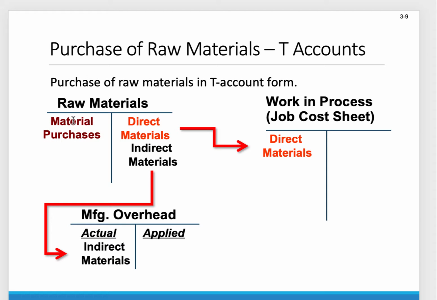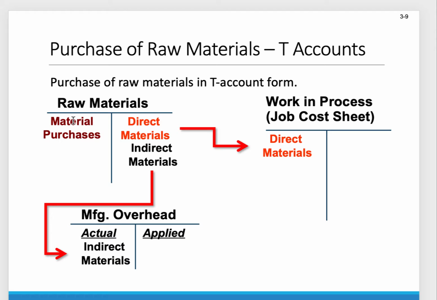Then something happens. What happens? Well, the inventory, or the raw materials department, gets, ready for this, a materials requisition form from chapter 2 and says, hey, we need some materials. Okay, well, what do you need? We need some direct materials, we need some indirect materials. Great.